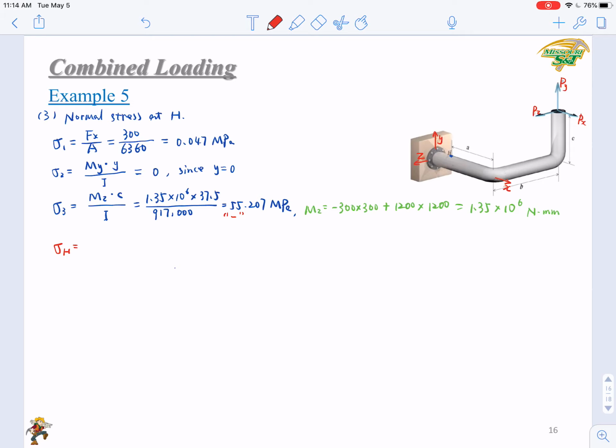You will have 0.047 plus 0, then minus 55.207. Okay, so the result will be negative 55.16 MPa.